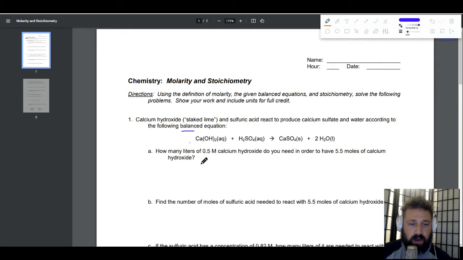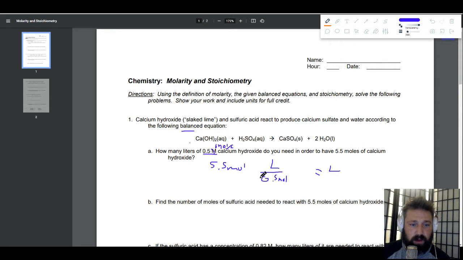Straightforward. We want to know the liters. We are given 5.5 moles and 0.5 molarity. Remember, you can always just change this to moles per liter. We're wanting liters, so we want the liters on top and 0.5 moles on bottom.